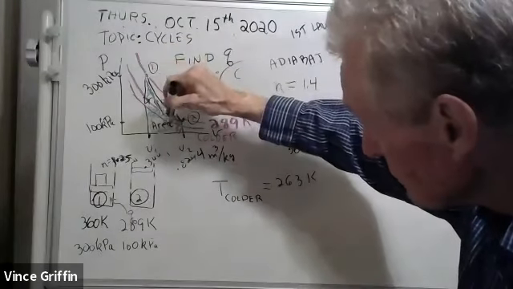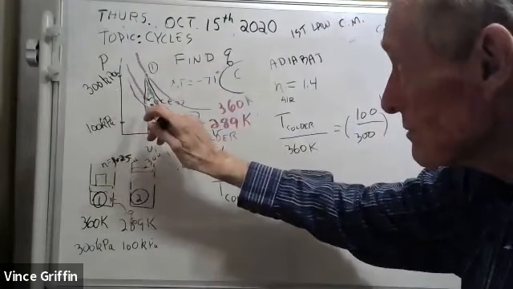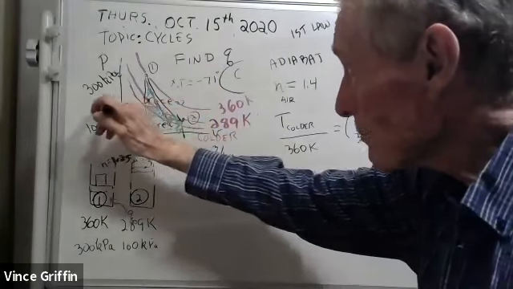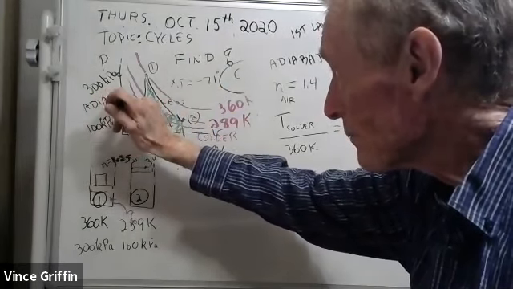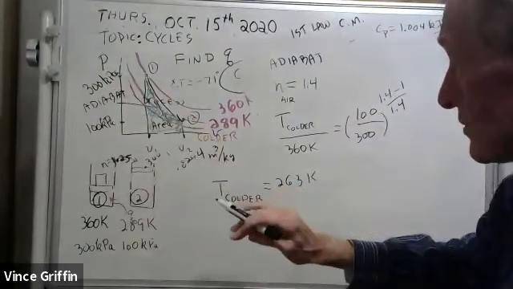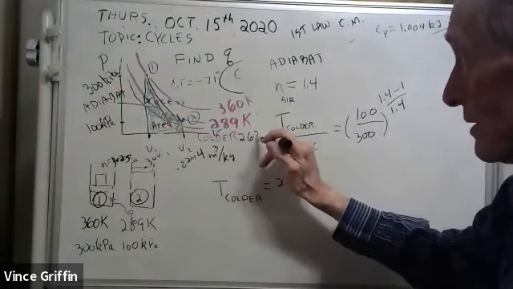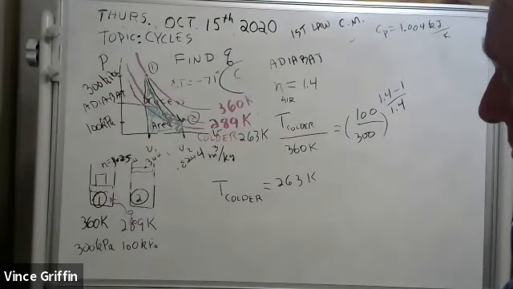See, I'm drawing the process here for the adiabat. That's the adiabat process. And it turned out to be colder. It's 263. Well, 263 is colder than 289, isn't it? Oh, yeah. It's, what, 26 degrees colder?